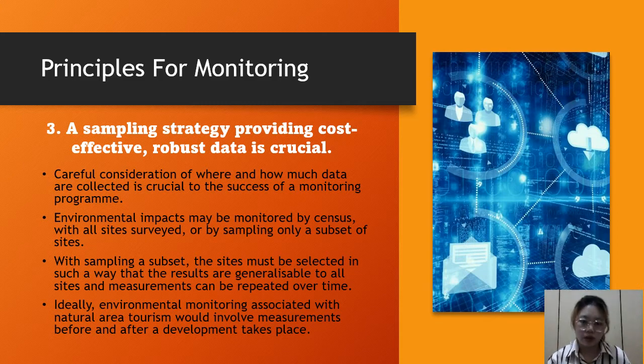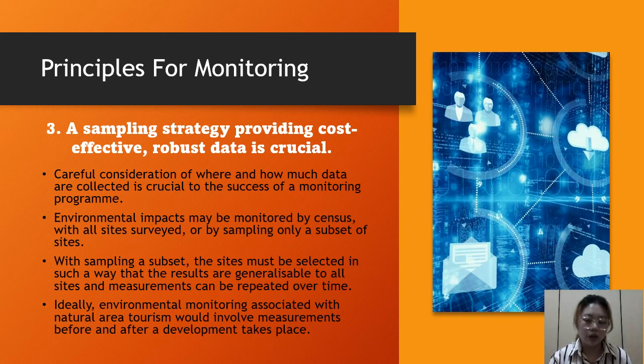For trails, for example, if a description of the condition of the whole trail is the objective, then either the whole trail can be censused or a subset of randomly located points can be sampled and the result generalized to the whole trail.